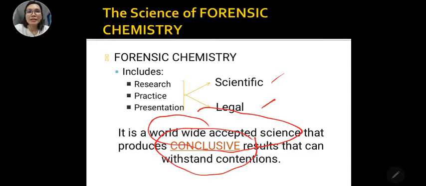So, mas mabilis na yung processing or pag-process ng isang kaso dahil nag-stipulate na sila, hindi na kailangan mag-testify ng forensic chemist sa court of law unless may hinihingi sa kanya na dapat niyang i-explain.